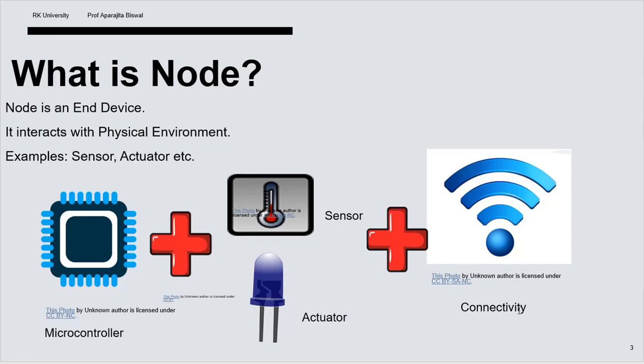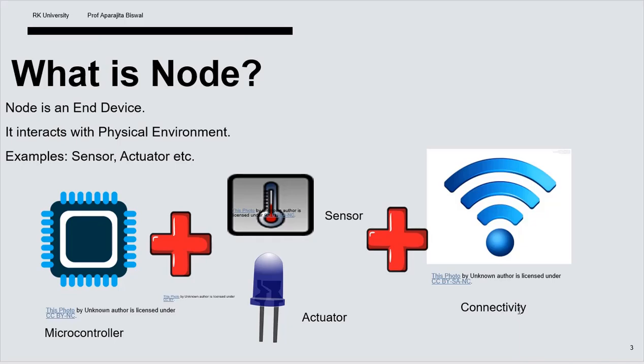So, Node MCU, why do we use it for node design? The answer is Node MCU comes with the connectivity module built in itself. It already has connectivity, that is an on-board Wi-Fi module. It has a 32-bit Tensilica microcontroller as well. So the microcontroller and the connectivity both are available in Node MCU. Again, it has GPIO, that is general purpose input output digital pins.